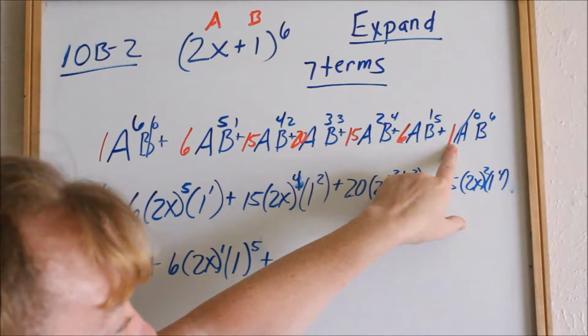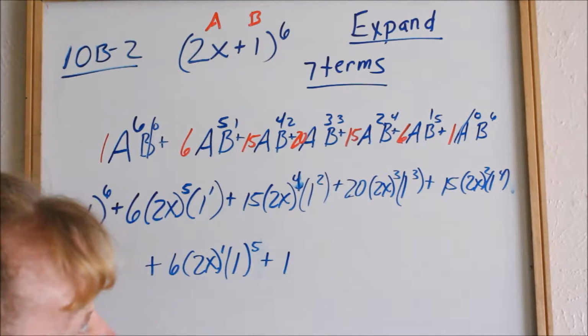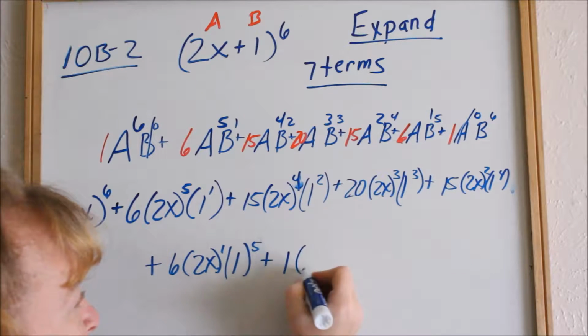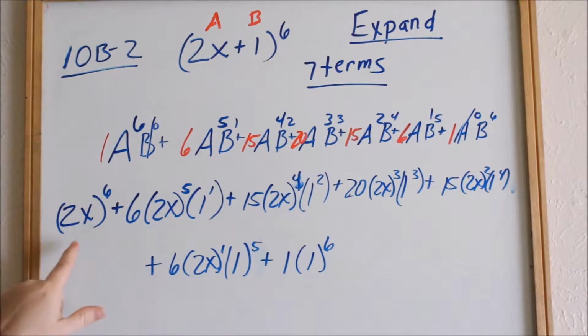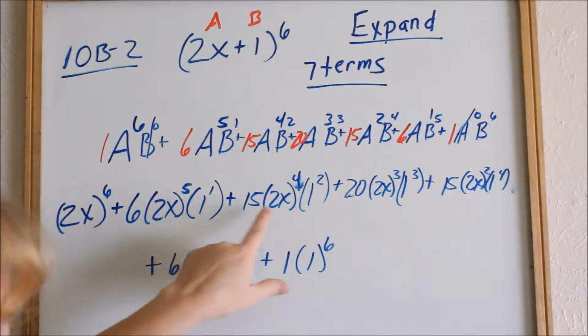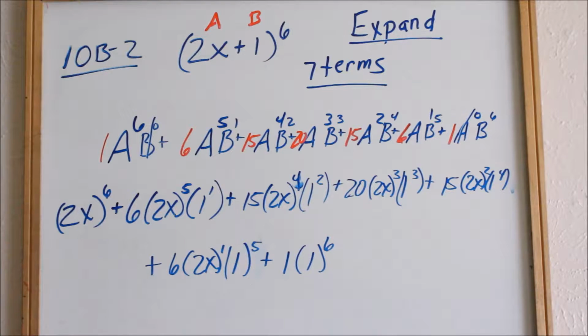Plus, and now I'm down to here, 1 times A to the 0 was 1, and then B to the 6th, B is 1 to the 6th. So let me make sure I've got 7 terms in here. 1, 2, 3, 4, 5, 6, 7. Okay, now I'm ready to simplify each term.